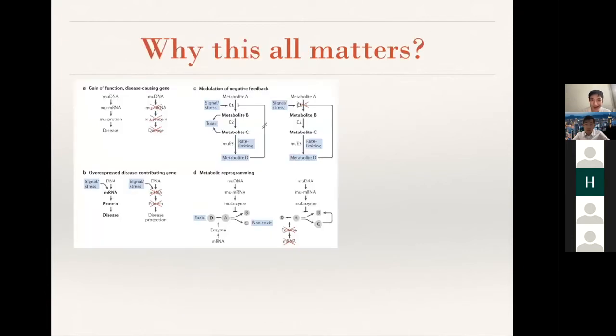Okay. Right. So why does all this matter? This is an overly simplified statement, but a lot of the time many diseases occur because something went strange in pathways within our cells. This leads to either too much of a protein being made, too little of a protein being made, or a defect in the protein being made.